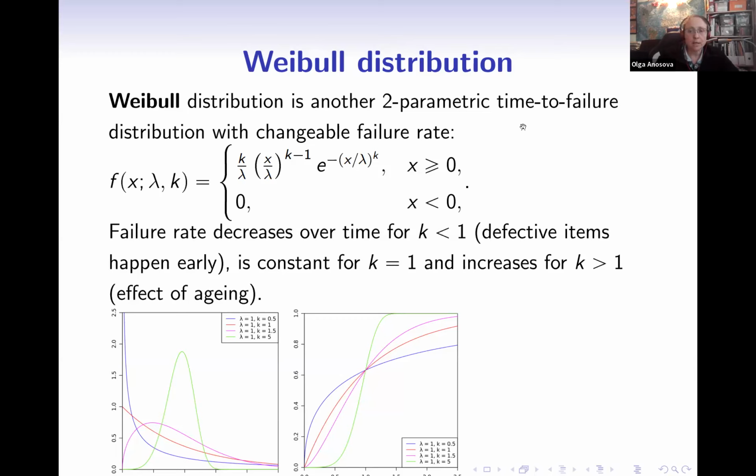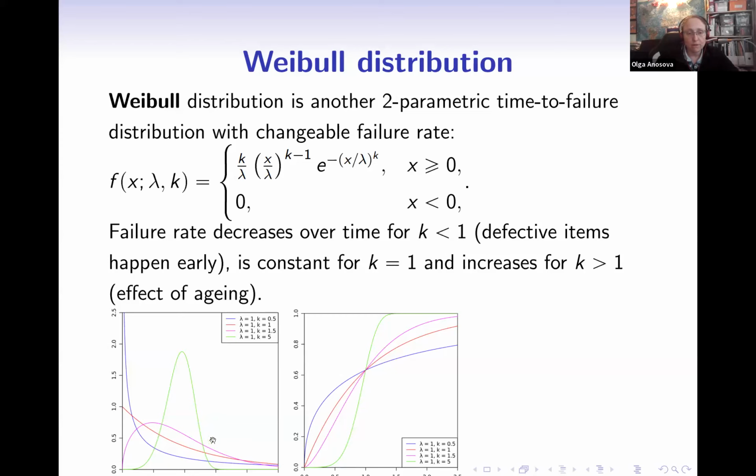And then we can consider another type of distribution, which is called the Weibull distribution. It's also a two-parametric distribution, so the number of parameters gives sort of larger flexibility. It describes time to failure. One of the main interesting things there is that the rate of the failure is not constant, and it depends on one of the parameters, as written here.